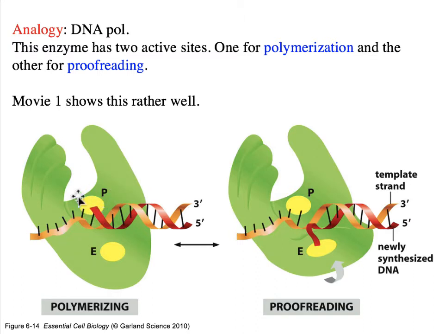The site here, labeled P, is responsible for making new DNA, the polymerizing function. However, there is a second active site on the enzyme called the proofreading site, labeled E. And should that site be necessary, it then has the ability to remove nucleotides, which it added using the P site.